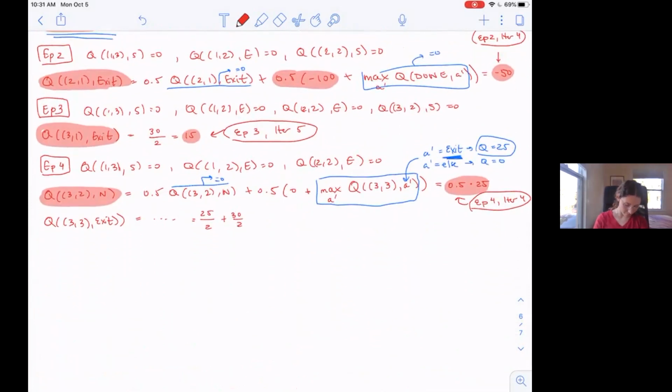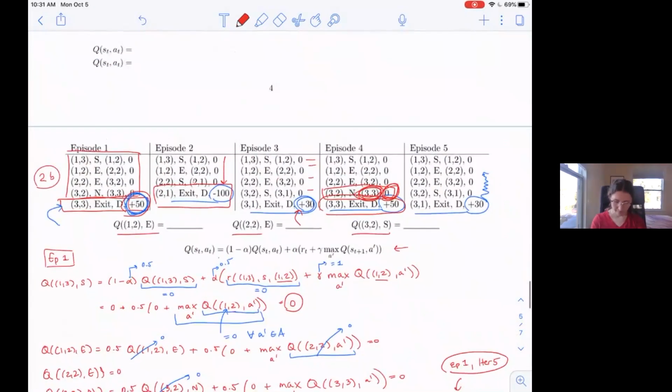Final episode, episode 5. In episode 5, many of these values won't change, but something interesting is going to start to happen when we start updating Q of 2, 2 east.